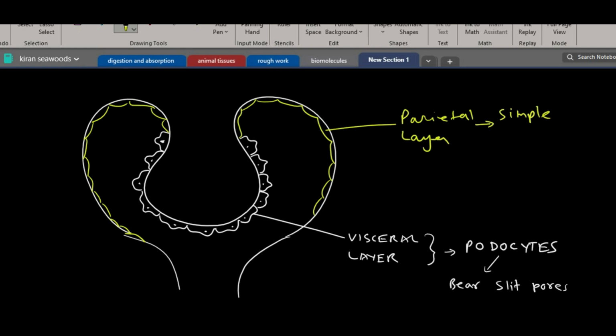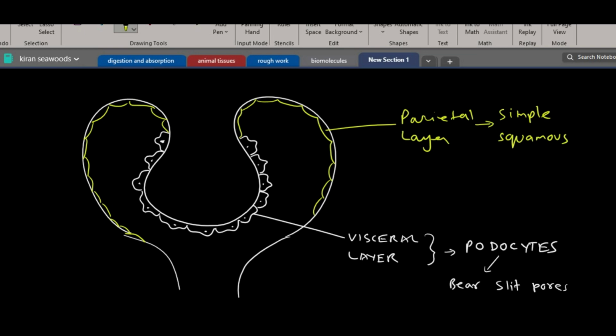So both are squamous, but the inner one is specially modified because it should be functioning for the ultrafiltration process. So it is suitable for ultrafiltration process. Simple squamous, and podocytes bear slit pores that help in ultrafiltration, which we will be discussing in a moment.